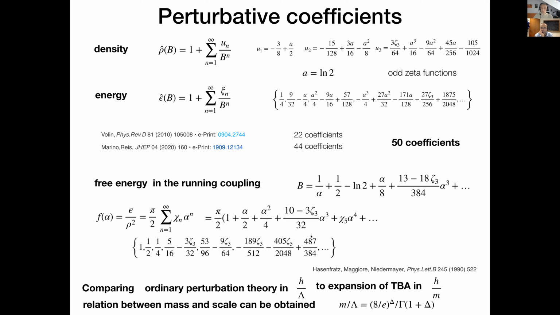However, in the other description, we used infrared degrees of freedom, and then it was an expansion in H over M. Just comparing these two perturbative expansions, you can actually match lambda to M. So you can express the dynamically generated scale in terms of the mass of the particles. So it's a beautiful result.